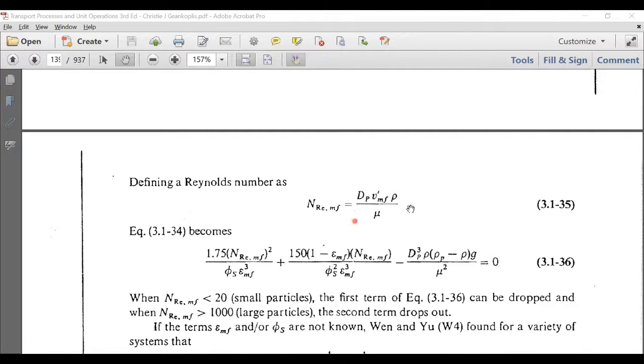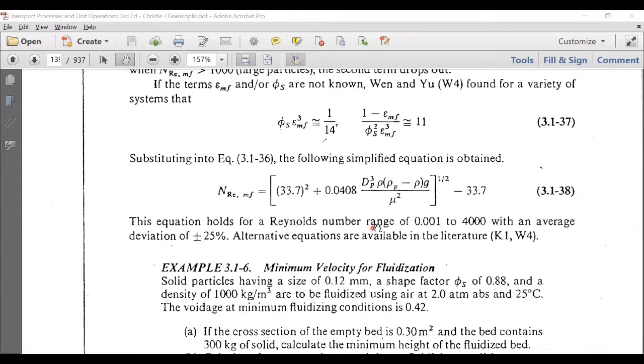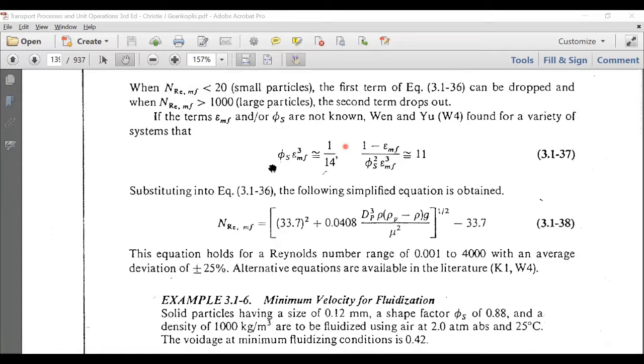We have to use these equations only. For these equations, it can hold any number, but for this equation, it holds for 0.001 to 4000. Because Wen and Yu found these two values in that Reynolds number range only. Any questions up until this part?